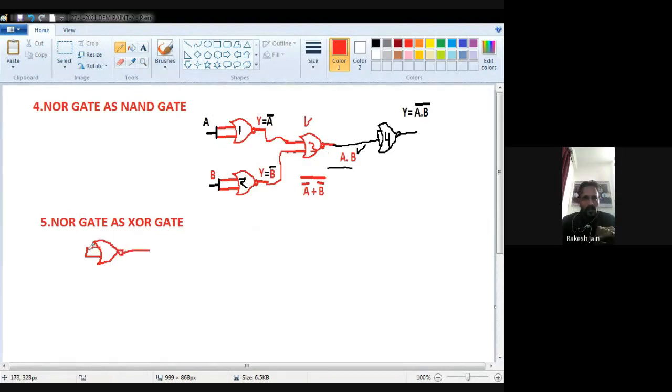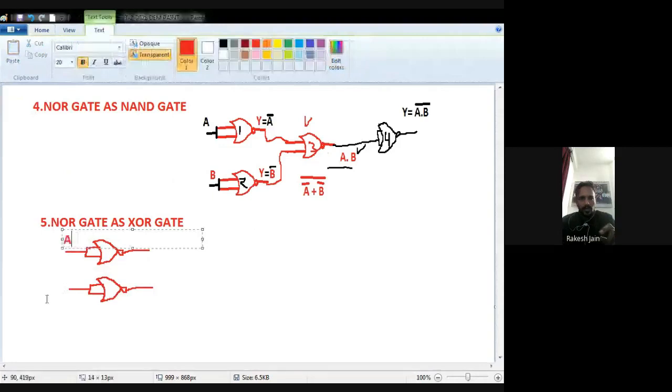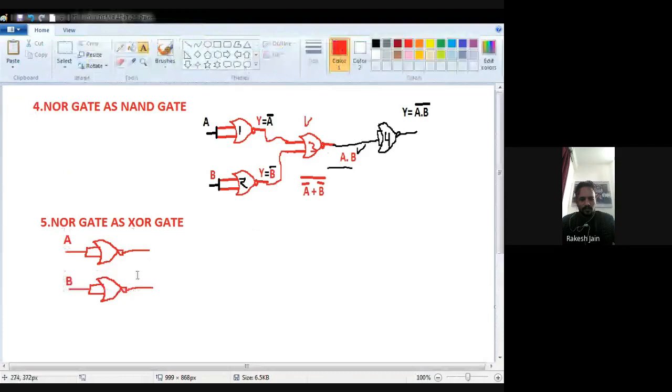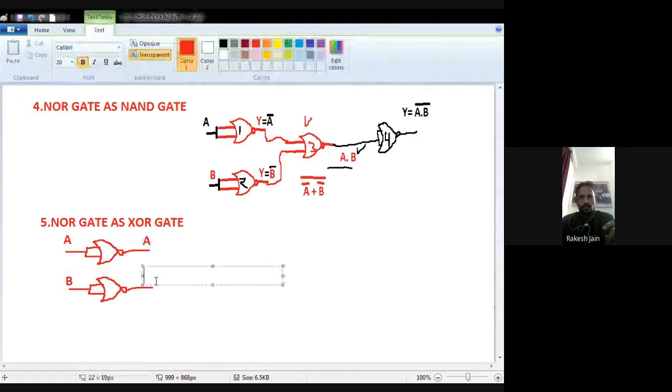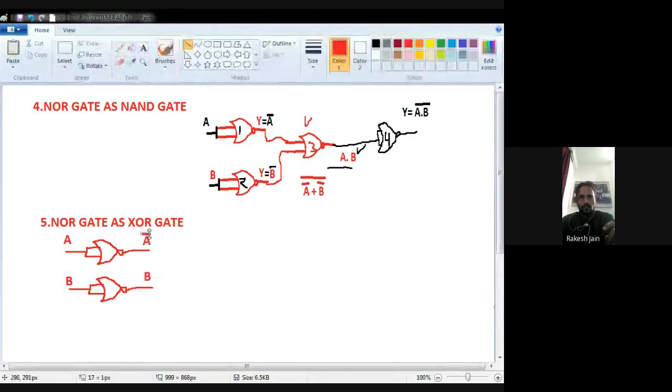First of all, this is a NOR gate behaving as a NOT gate, and one more NOR gate behaving as a NOT gate. So if the input is A, the output will be A bar, and for B it will be B bar.